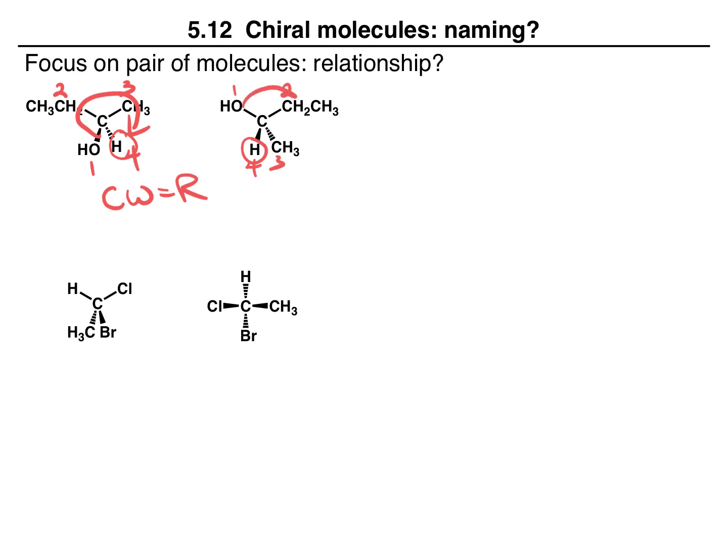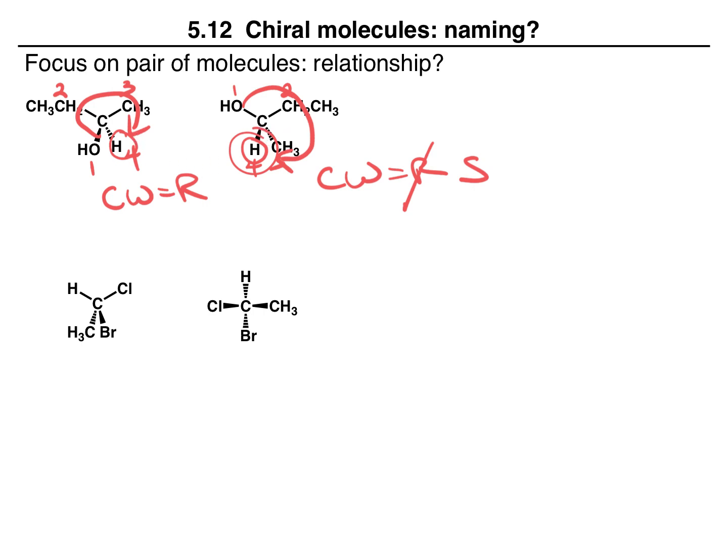So if we go 1 to 2 to 3, this is again clockwise, which would be R, but because our lowest priority is forward, we switch assignment, so this is S. So rather than having to manipulate this molecule a bunch, we could just assign RS configuration and we can more quickly see that these are enantiomers.